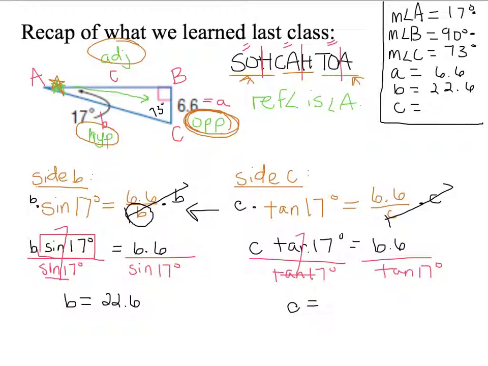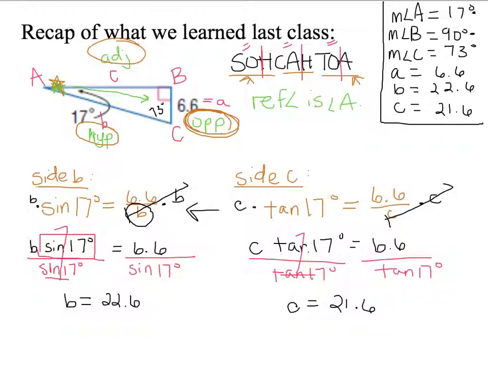C is equal to, now again I'll use my phone calculator to get this. You guys check and decide what it is in class. 17 and tangent. And I get 21.6.